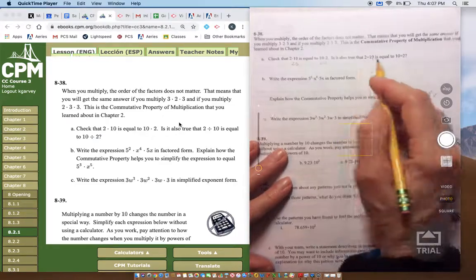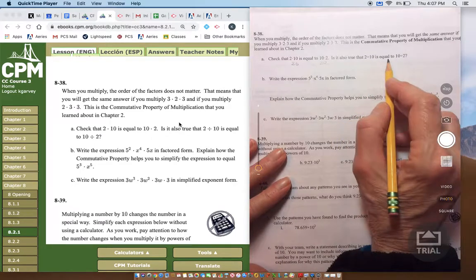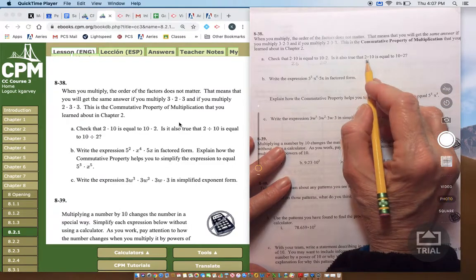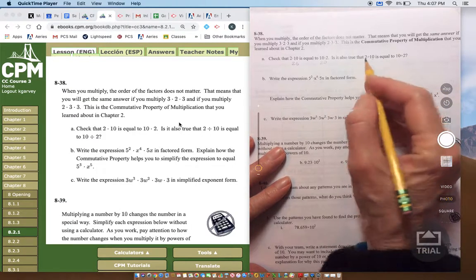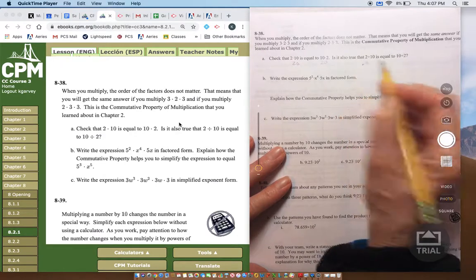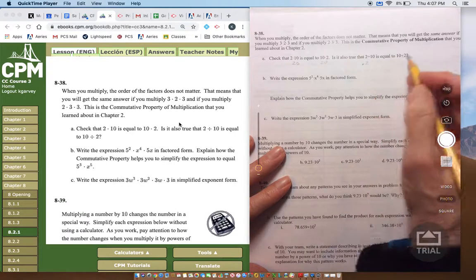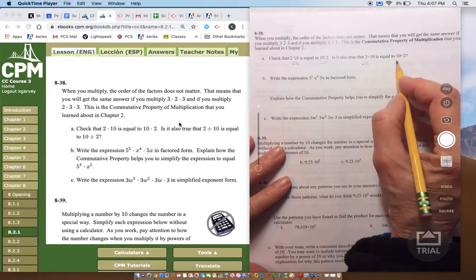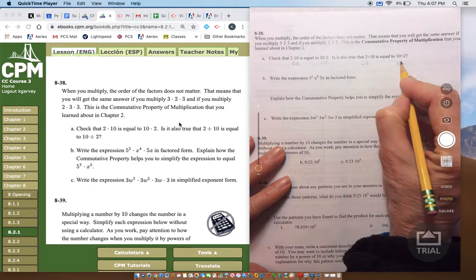Is it also true that 2 divided by 10 is equal to 10 divided by 2? Well, 2 divided by 10 is equal to 0.2. If we divide 10 by 2, that's equal to 5.